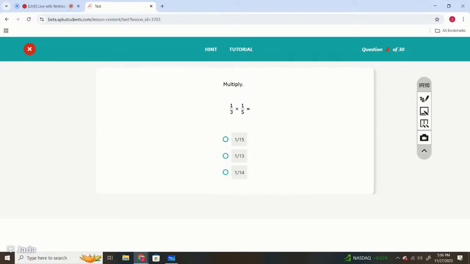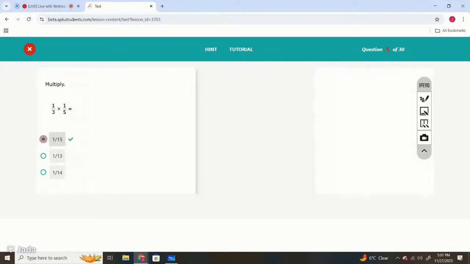1 by 3 times 1 by 5. 1 times 1 is 1 and 5 times 3 is 15.